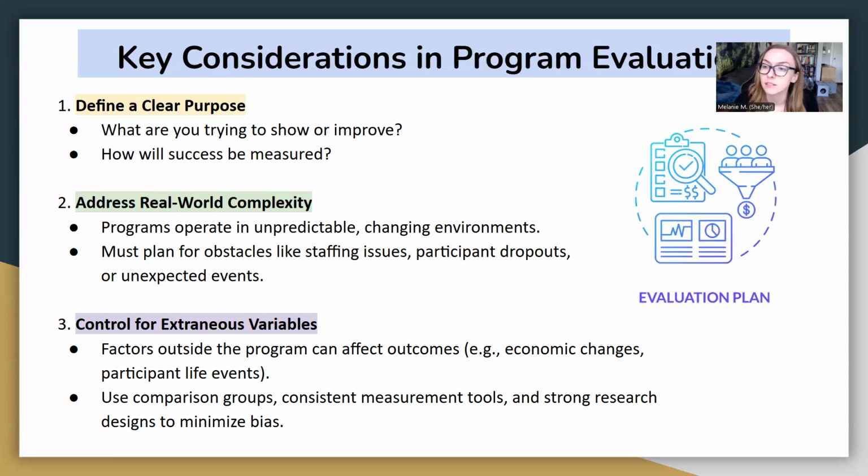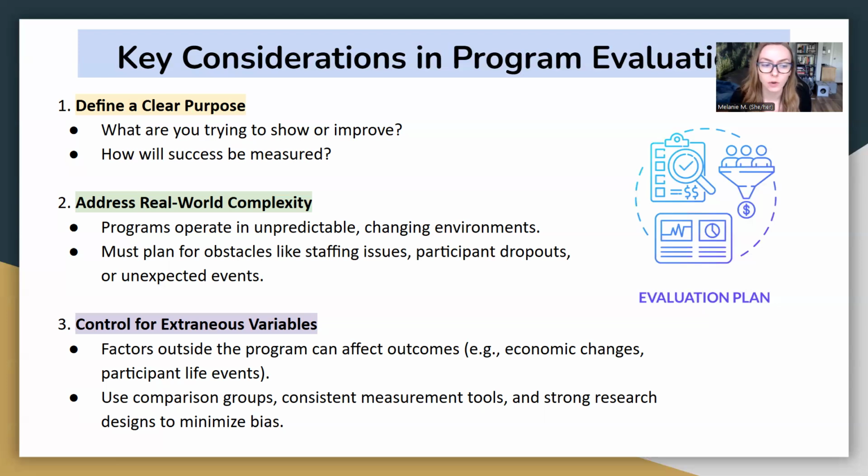And another really key consideration is that program evaluations aren't as easy to control for extraneous variables. And I'm saying it like research is easy to control for extraneous variables, and that's not true at all. But it's even worse in program evaluation because there's going to be so many things that change, because we don't have this super specific controlled research design where we're putting people into groups and we're controlling what variable we're manipulating. We can't do that in real life with real people.